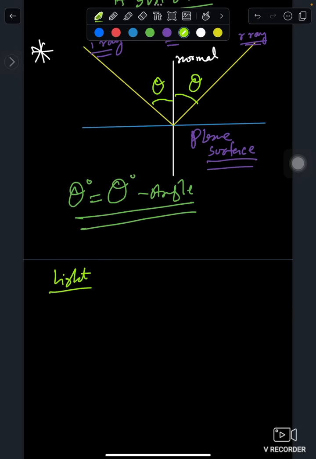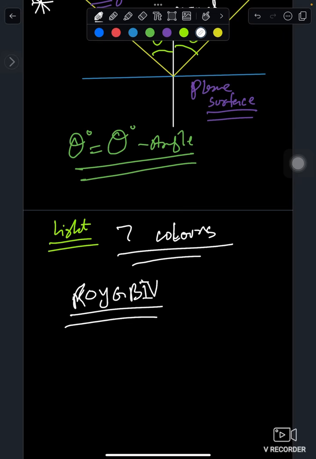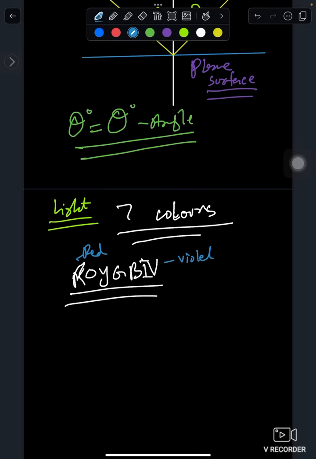Light is actually seven colors, ROY BIV. Look, ROY BIV. Here, this is red, this is violet, and so on.